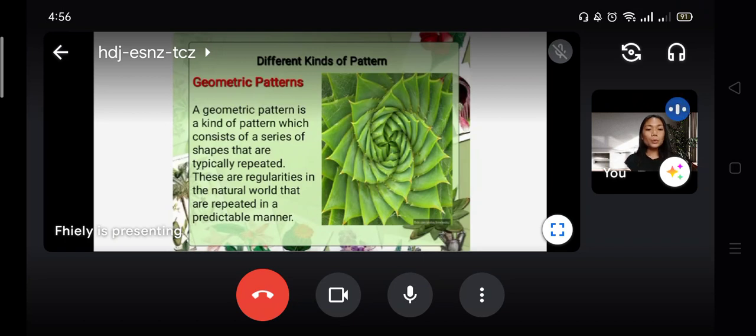So these are the regularities in the natural world that are repeated in a predictable manner. As what you can see, spiral siya, di ba?